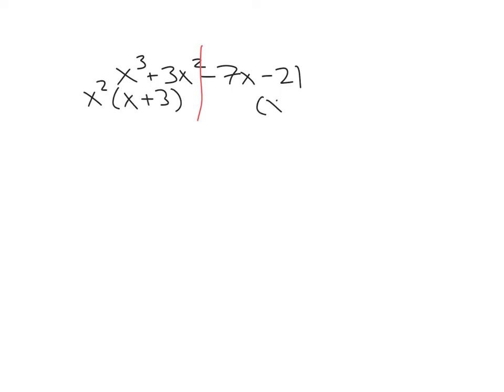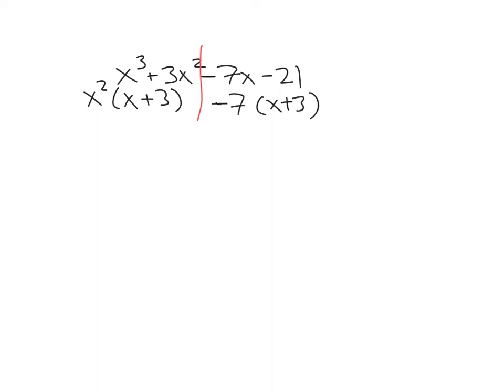I have x cubed plus 3x squared minus 7x minus 21. So once again, we have 4 terms, so we're going to split that down the middle. I see that I have an x squared in common, so then I have x plus 3. And so I'll end up with x plus 3 over here. Now, what goes in front?